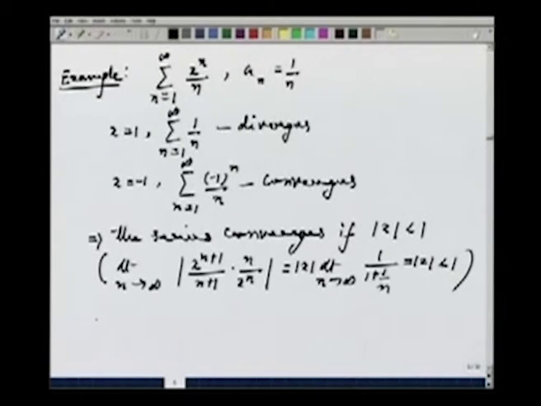So that means the radius of convergence is equal to 1. But notice, at the radius of convergence, that is when r equals 1, the series diverges. But at minus 1, that means minus r, the series converges.